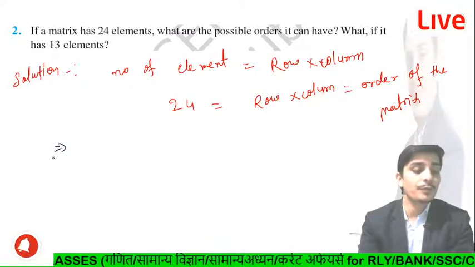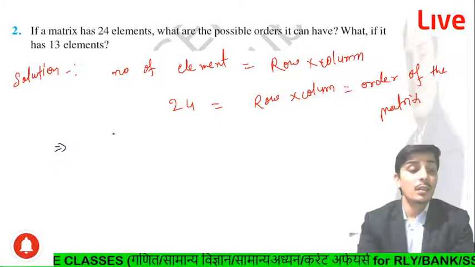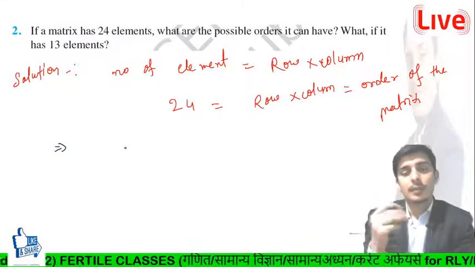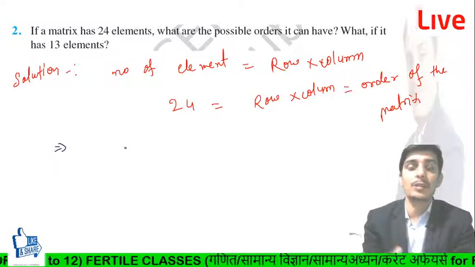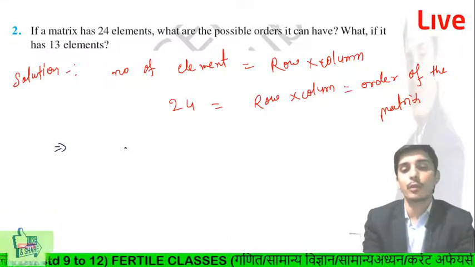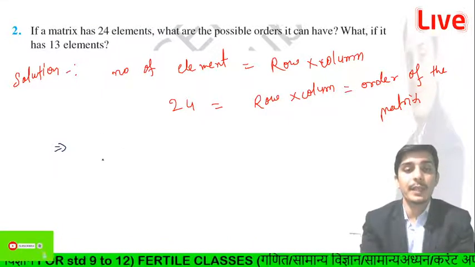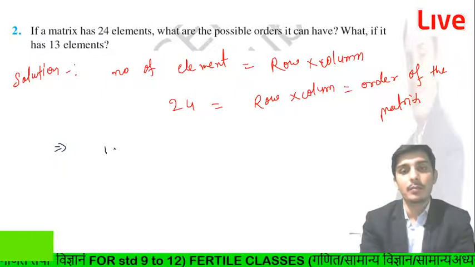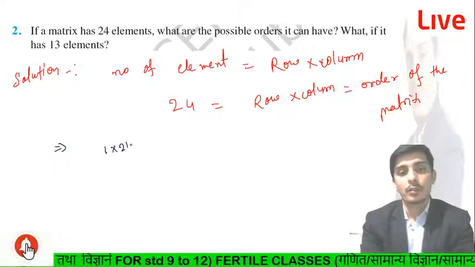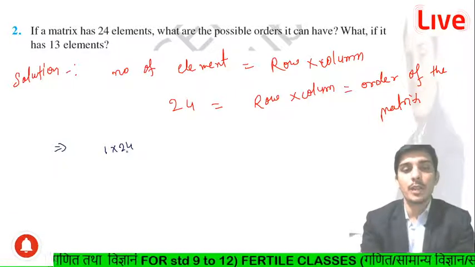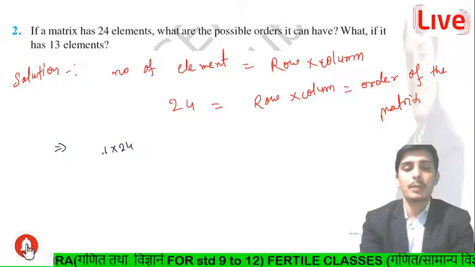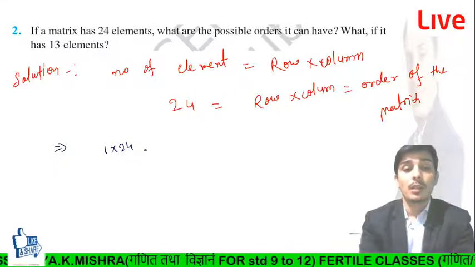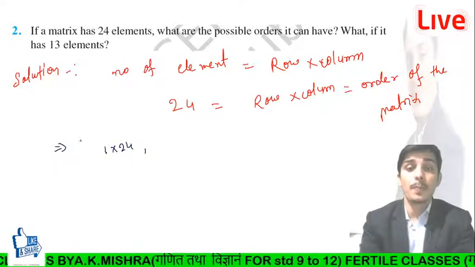So now we can take all the possible factors of 24. So we can write here the order will be what, guys? We can write 1 into 24, right? First order, because after multiplying we may get one row and 24 columns.